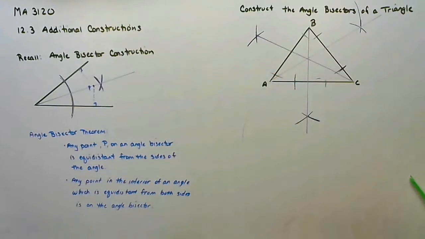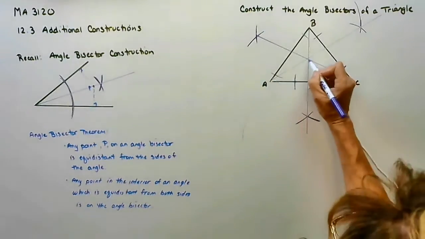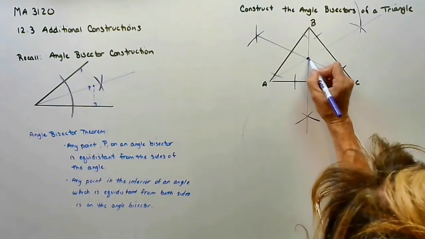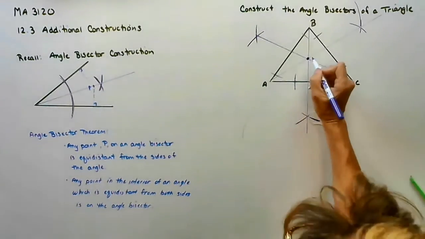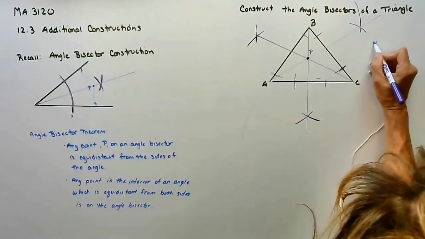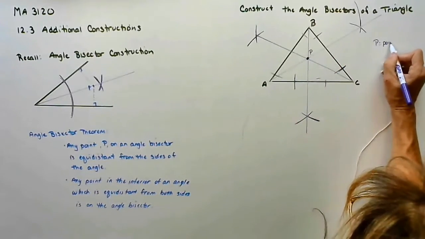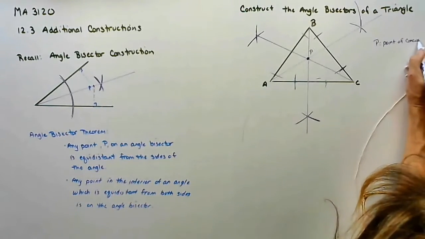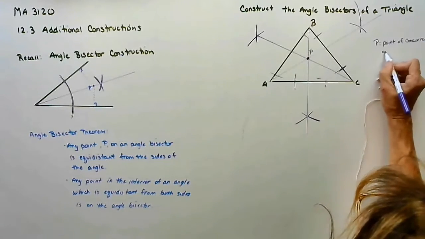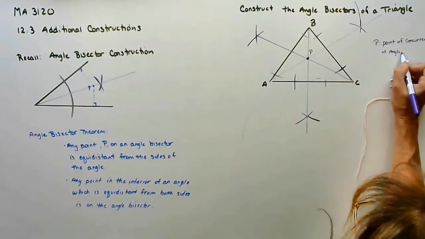And what you'll notice is all three of those lines are concurrent. They are three lines which intersect. So all three of these angle bisectors intersect at a point of concurrency. Okay? So I'm going to call that point P. These are the angle bisectors.